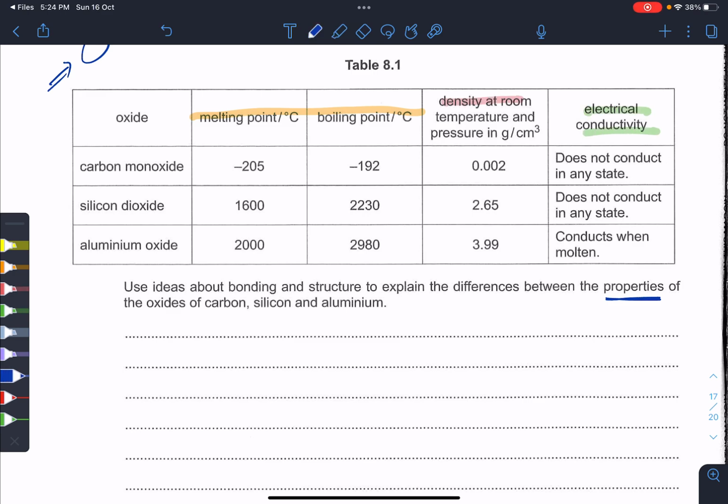So you explain all 3 points. First, SiO2 versus Al2O3, then Al2O3 versus CO. This is simple molecular. This is giant molecular. This is giant ionic lattice.